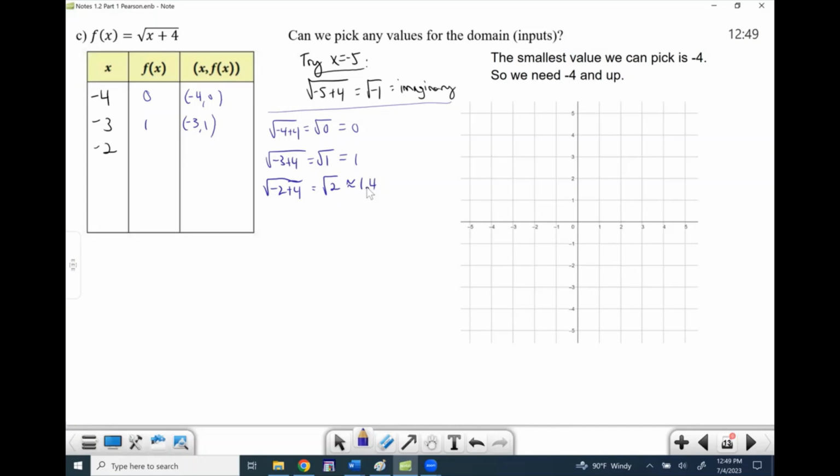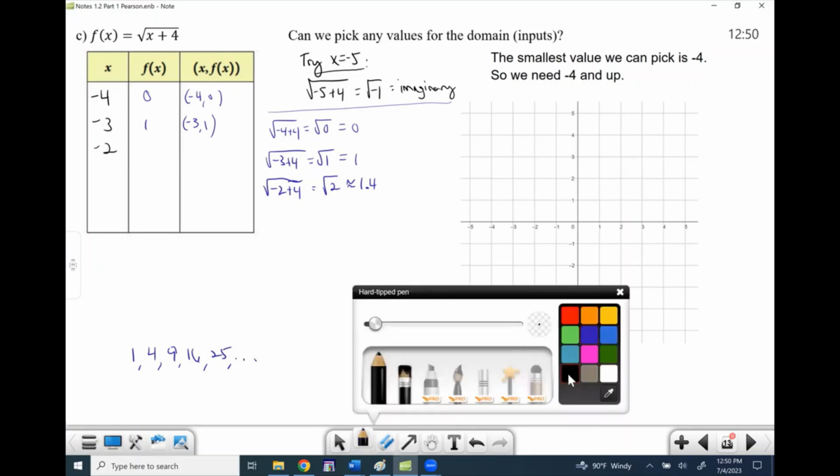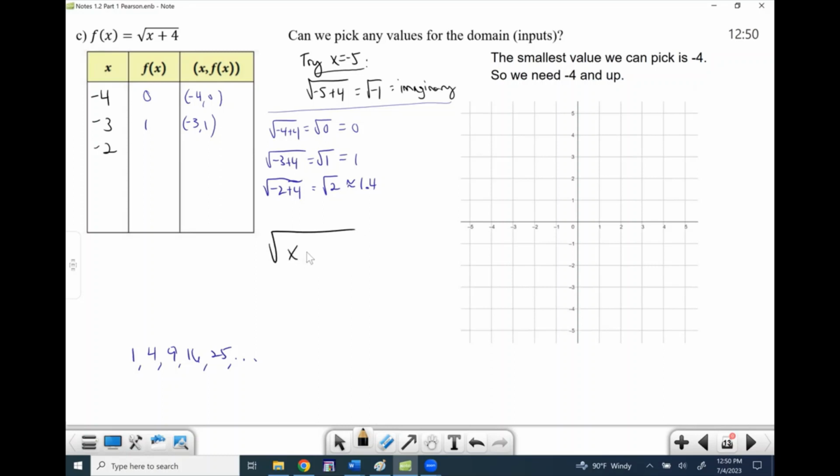But I'm thinking, man, I want to try to pick values that'll give me perfect squares like 1, 4, 9, 16, etc., right? 25. I'd love to get those values under the radical if at all possible. So I'm kind of thinking, okay, we've already gotten 1. So now I'm thinking, how can I get 4? So what minus 4 will give me 4 is what my brain's thinking.